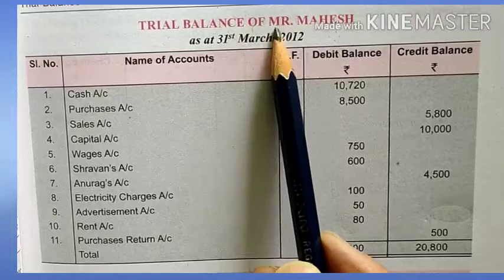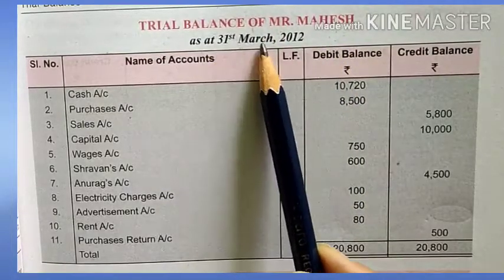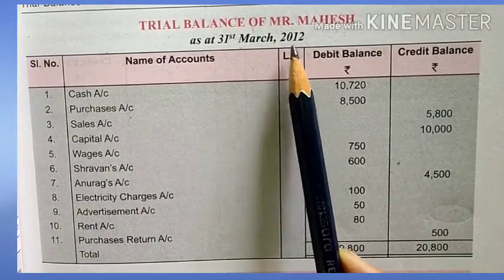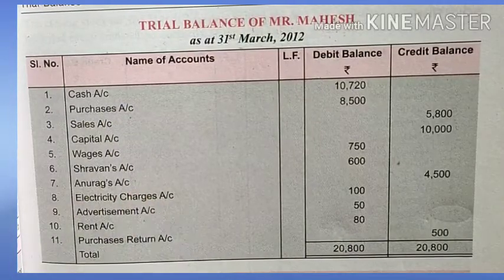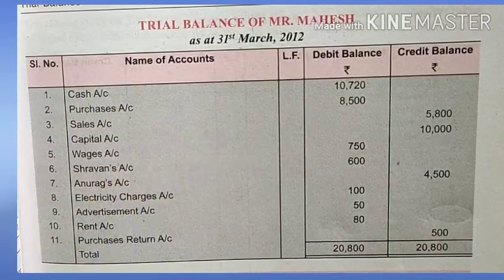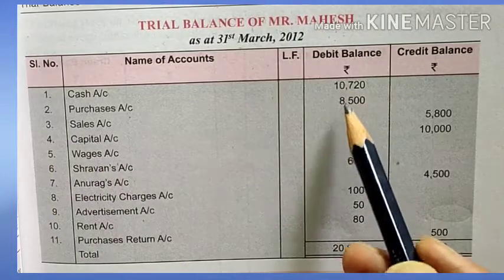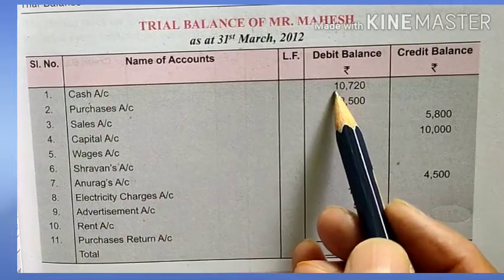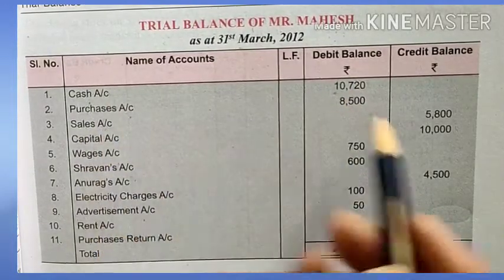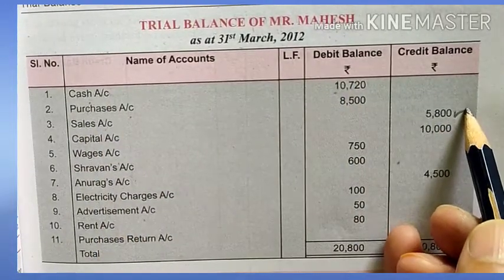Trial balance of Mr. Mahesh as at 31st March 2012. This is the date mentioned. These are the names of the accounts which are taken from the ledger book. These are the debit balance amounts. So the cash account shows a debit balance, that is why it's in the debit column. The sales account shows a credit balance, that is why it's in the credit column.